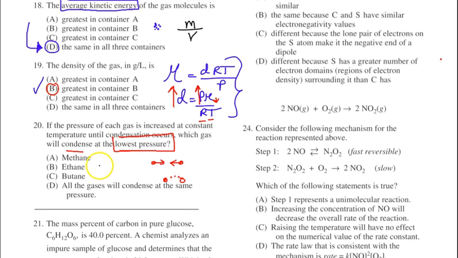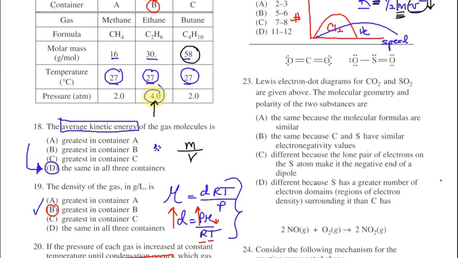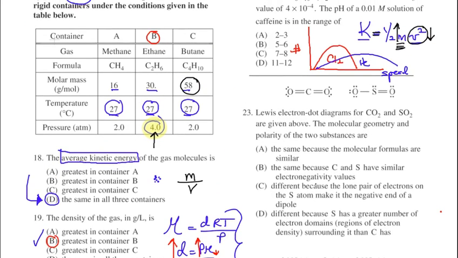So what they're really asking is who is going to condense first, and the ones who condense first are going to have the strongest intermolecular forces of attraction. So you start pushing molecules closer together, and the ones that start becoming liquids that attract each other have the strongest intermolecular forces. If you look at these compounds above, they're all hydrocarbons.